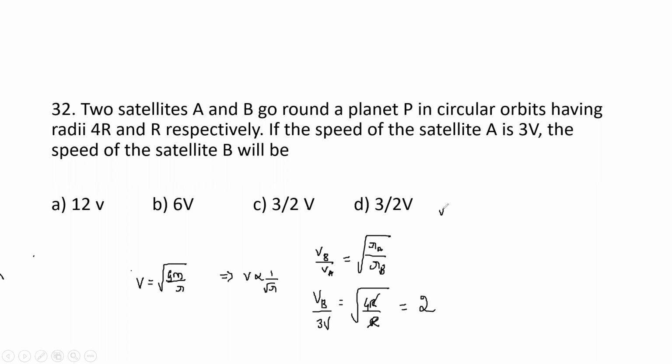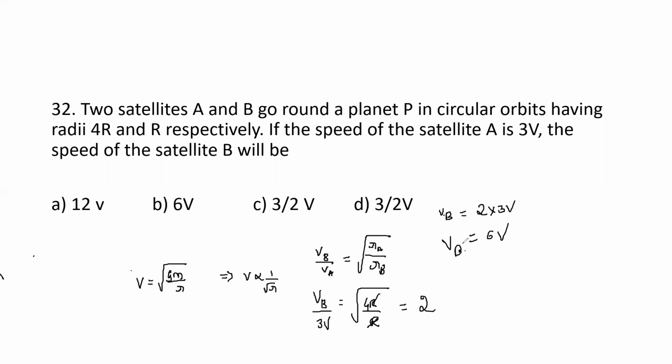But we want VB, so VB is equal to 2 into 3V, that is nothing but 6V. That is, VB is equal to 6V.